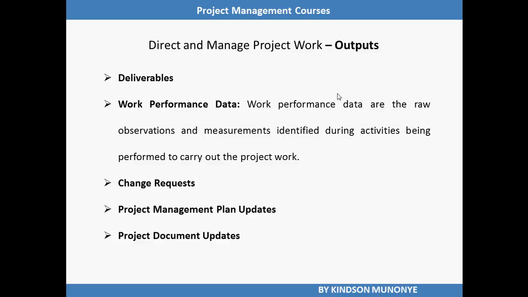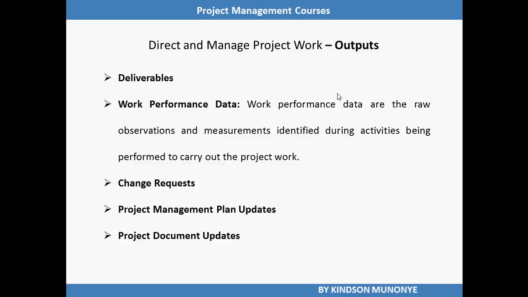Let's take some examples of work performance data. They may include work completed, key performance indicators, technical performance measures, start and finish dates of scheduled activities, number of change requests, number of defects, actual costs, and actual durations.